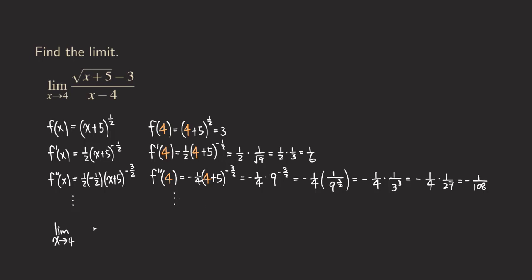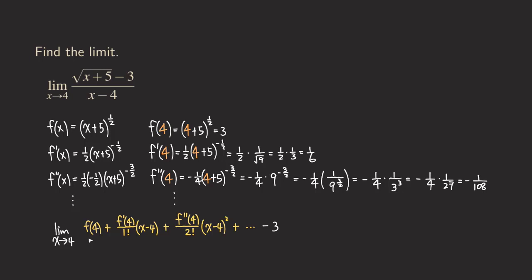We are going to have f of 4, plus f prime of 4 over 1 factorial, times x minus 4 to the first power, and we just leave it as x minus 4, plus f double prime of 4 over 2 factorial, times x minus 4 to the second power, and so on. Then there was still a minus 3 here, so we still have to subtract the 3. So now that is our numerator.